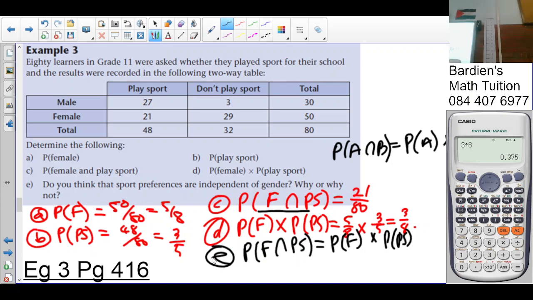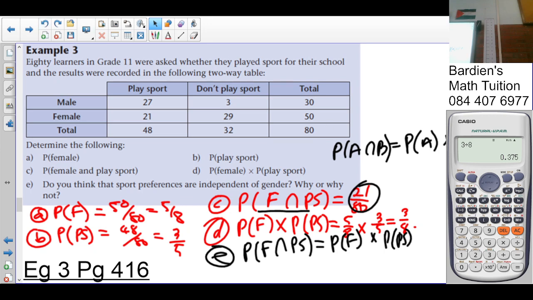So the probability of female intersection play sport is 21 over 80, and the product of the two is 3 out of 8. So is that equal? No.